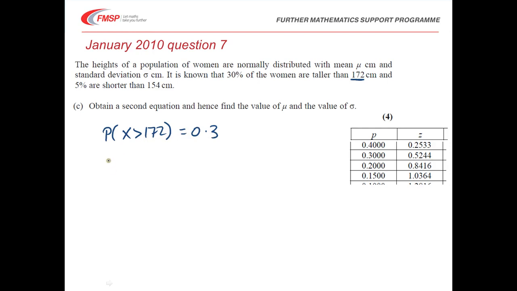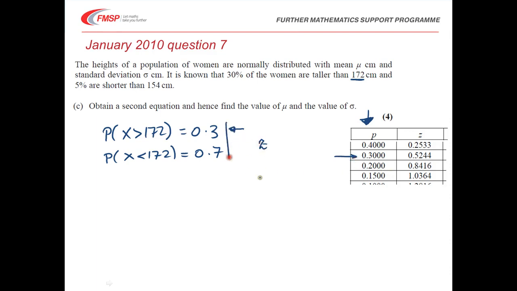In other words, they're not pointing to the left. So I'm going to bear this number in mind because it's quite useful. But that will give me a value of 0.7. Now, you can see that 0.7 is not in your probability table, your percentage point table. But 0.3 is. So I'm going to use that value.